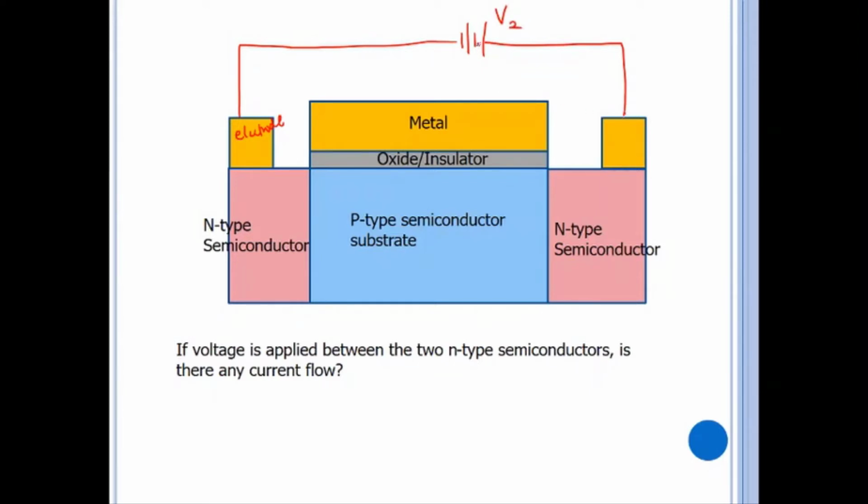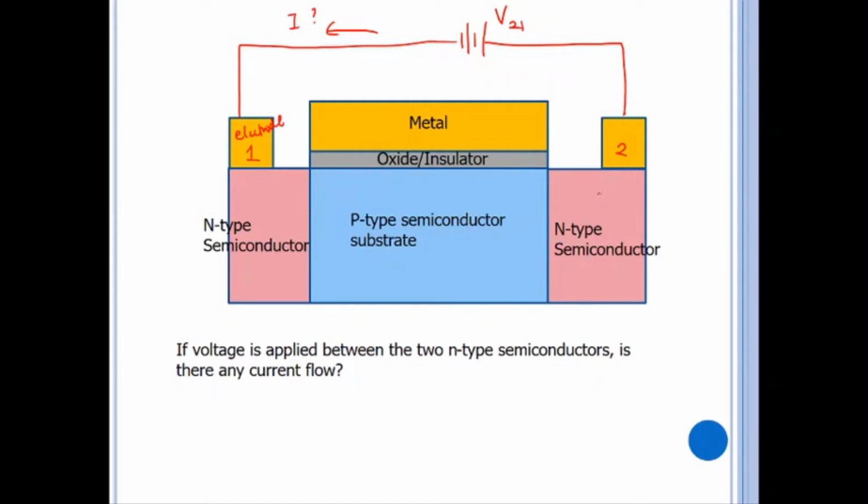If we apply a positive voltage at electrode number 2 with respect to electrode number 1, V21, will there be any current flow? This is the question. The answer is there will be no current flow from the first electrode to the second electrode.